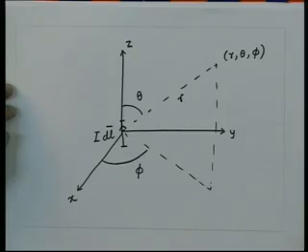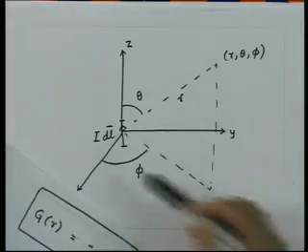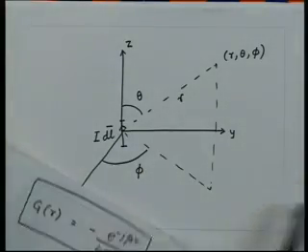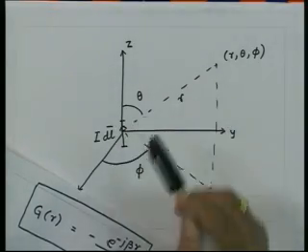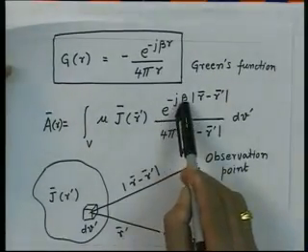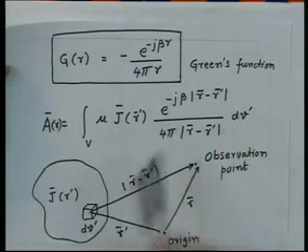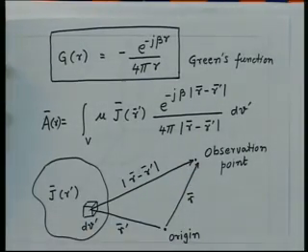So, if I substitute now, this distance r is r minus r prime, because r prime is the origin where the current element is located. Since the length of this one is much smaller compared to this r, this quantity e to the power minus j beta r upon 4 pi r is practically constant. So, we can take this outside the integral sign.